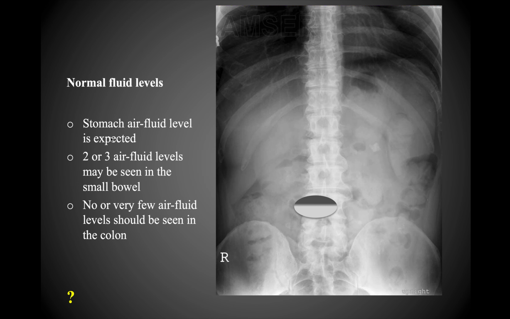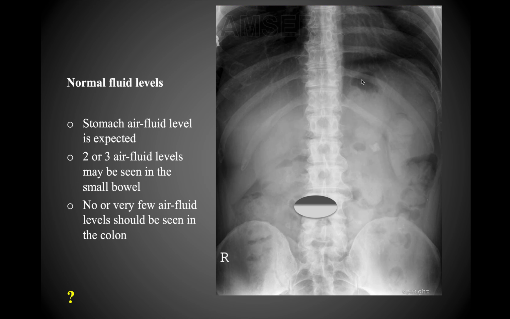So again, I mentioned before that you should see normal fluid levels. So the stomach air fluid level is expected to be seen. You also expect to see 2 or 3 air fluid levels in the small bowel. And the way that's going to appear is usually you'll have a hyperintensity followed by a hypointensity, so kind of a dark versus light contrast.